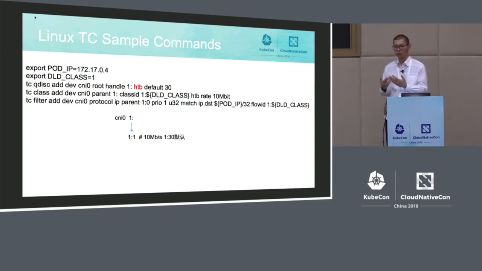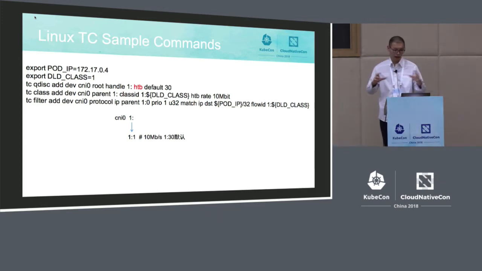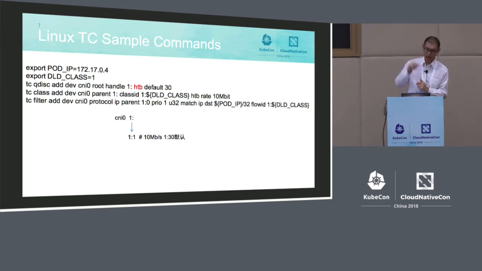The TC command and queuing management to control, and then for the root gateway to add it. By default, we will make it 30.